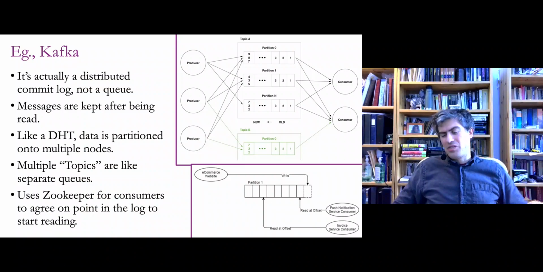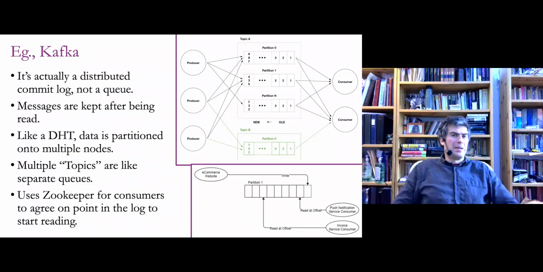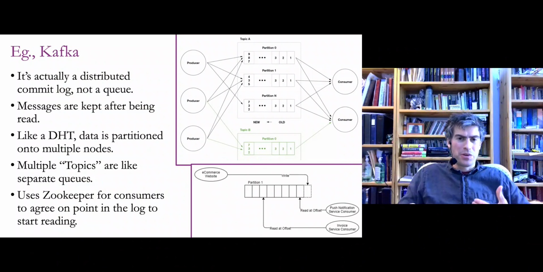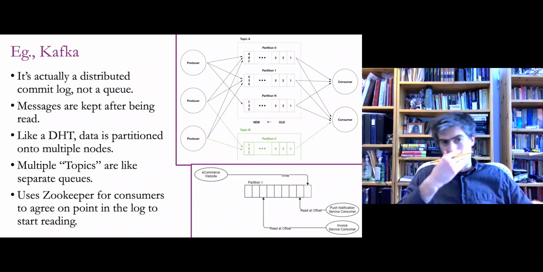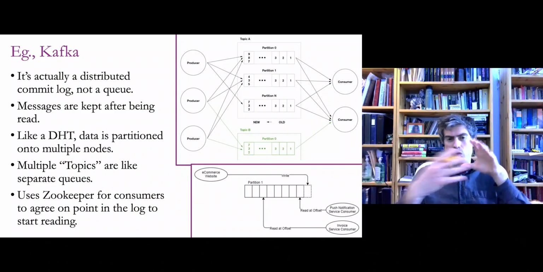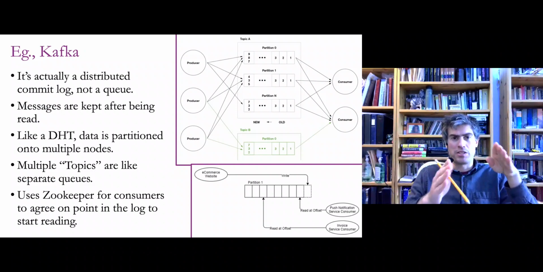So if you're using a distributed queue and you're implementing things that need to happen in a certain order, then you need to be careful, and maybe you need to combine those things into one big message instead of having two small messages.